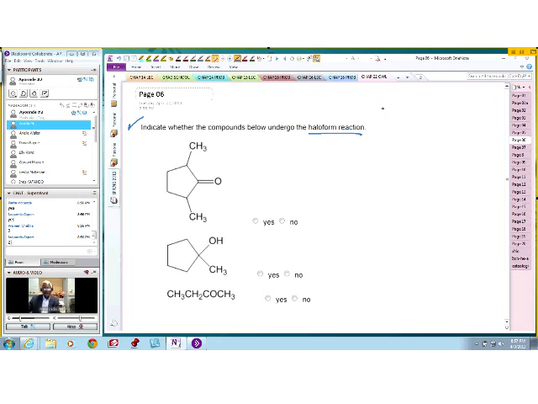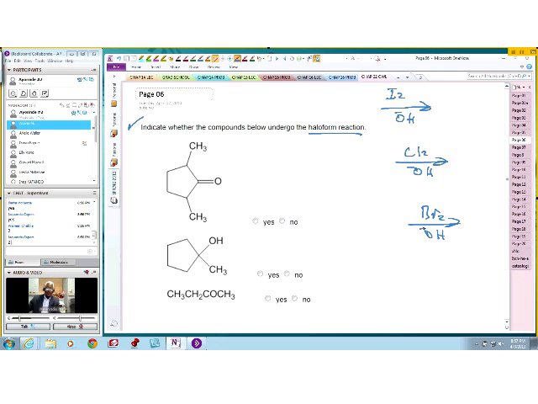haloform reaction. When we say haloform reaction, we mean either the iodoform reaction, or the chloroform reaction, or the bromoform reaction.